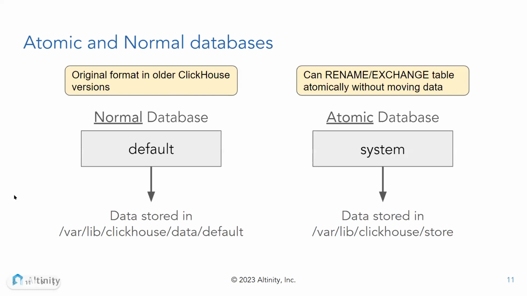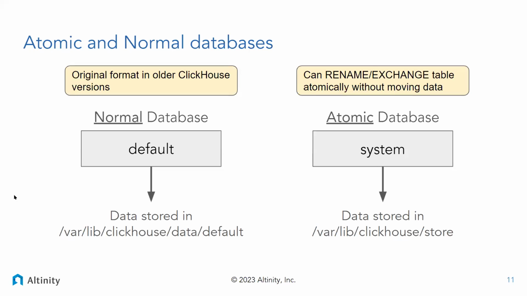So one of the first things that you learn about as you start to look at these structures on disk is the difference between what are called atomic and normal databases. A normal database is the older format, the original format for ClickHouse, and it basically just laid things out on disk without having any level of indirection.